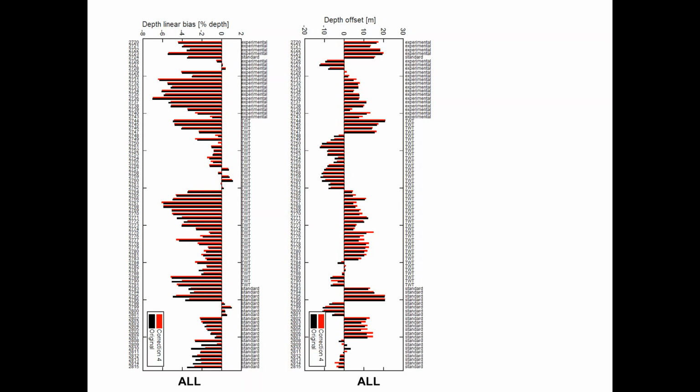Here we mostly tackle the temperature bias, right? So this is important, I believe, maybe for the detection of, for example, mixed layer depth, but this is something that needs to be investigated more deeply.